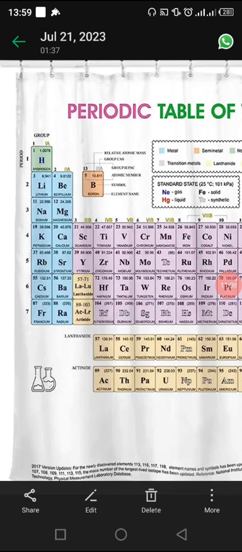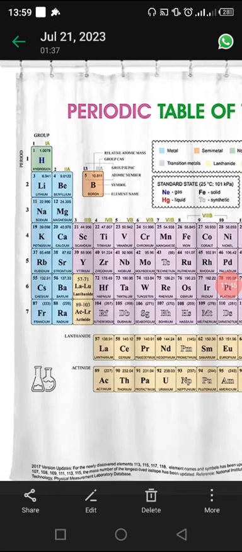Sodium is in group 1, which means it is charged positive 1. For a metal, the charge always has to be positive; for a non-metal, the charge has to be negative. If it is negative, it is receiving or gaining electrons. If it is positive, as in a metal, it is giving out electrons.